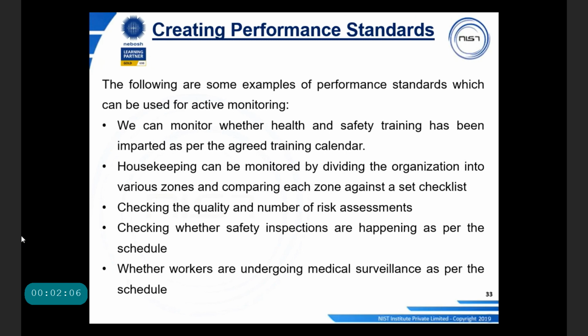So you tell me, what methods can you use to check whether training has been completed or the progress of the training against the training calendar? What method, safety audit, inspection, survey, sampling, any of those you can use to do this? What method will you use to check whether training is going according to the training calendar?